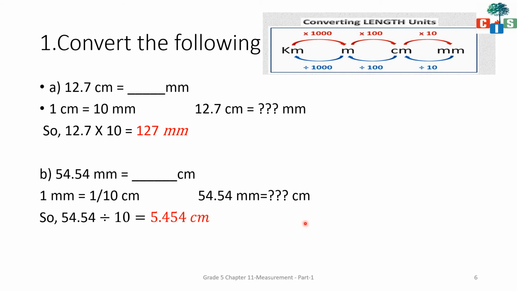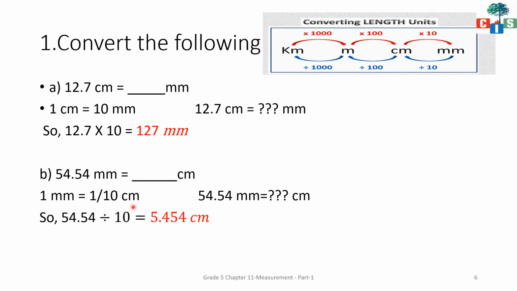5.454. Okay, because we have learned that whenever we are dividing any number by 10, 100 or 1000, the decimal point shifts to its left. Here we have the decimal point between 4 and 5. So when I divide by 10, this decimal point will shift to its left by one digit. Why by one digit?